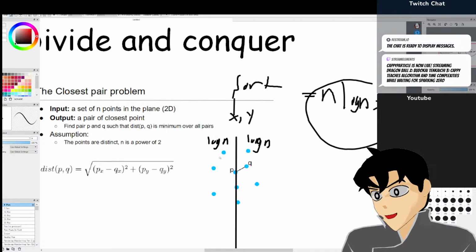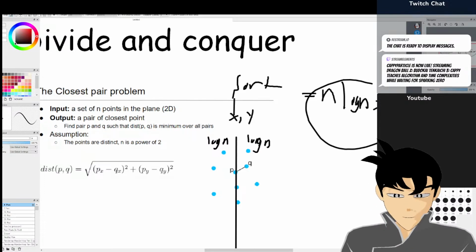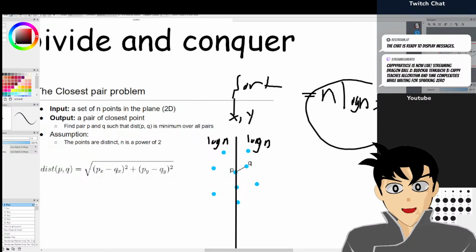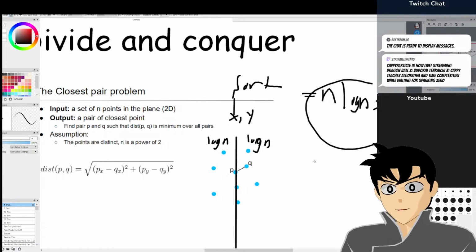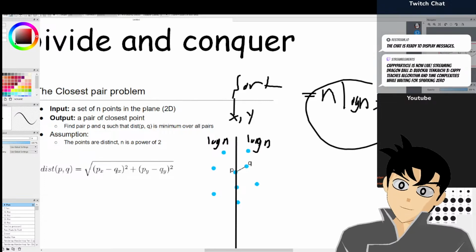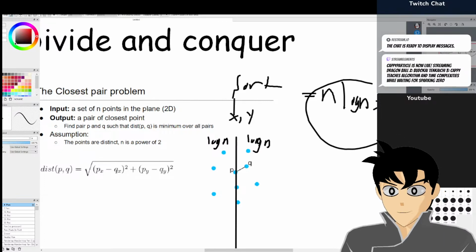You find the closest here, and the closest here, and then after that, you combine them. But what if it's in the middle? I don't know.